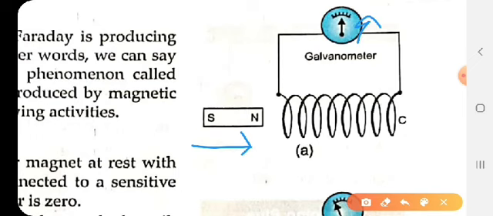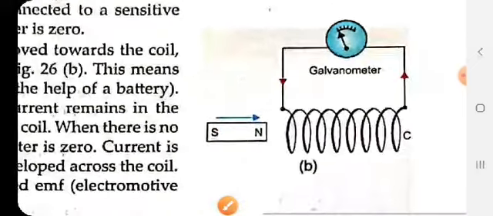You can see the deflection here. When it comes closer, the deflection is shown by the galvanometer, which shows that current is produced or induced due to the relative motion of the bar magnet, right?